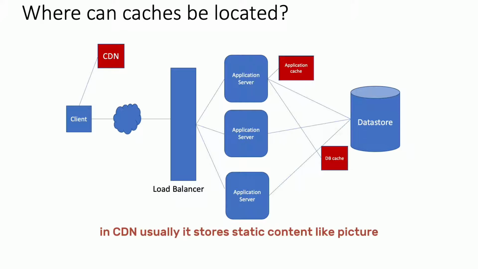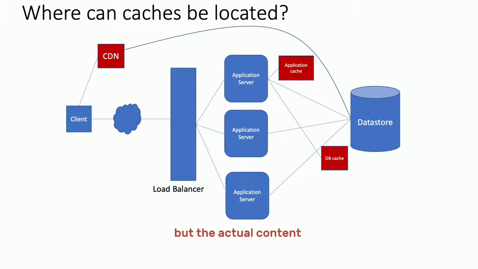In CDN, you store static content like pictures, videos, etc. And CDN is physically close to the end user, so the user's request can come to CDN and get the content from CDN, which is close to the user, but the actual content is populated from the backend data store.